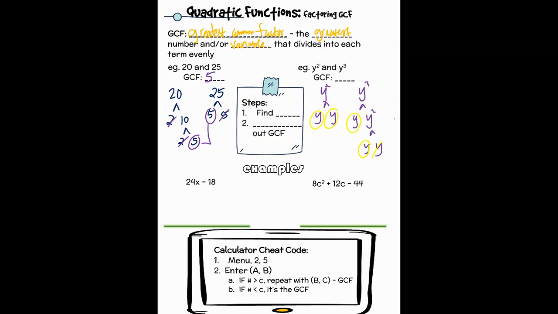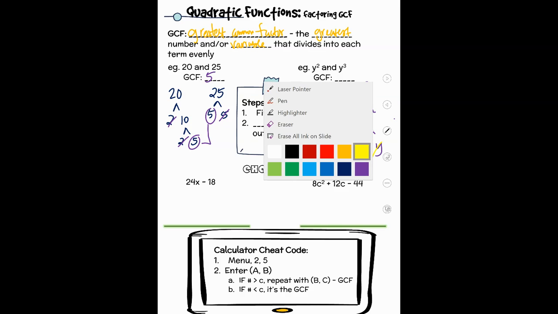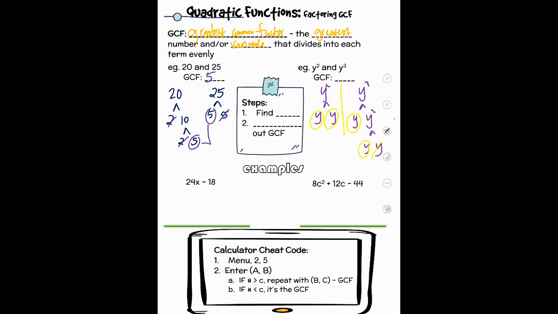This y to the third over here is left over because it doesn't have a match in y squared. So for each, we have 2 y's. To find the greatest common factor, we say y times y. So our greatest common factor here is y squared.